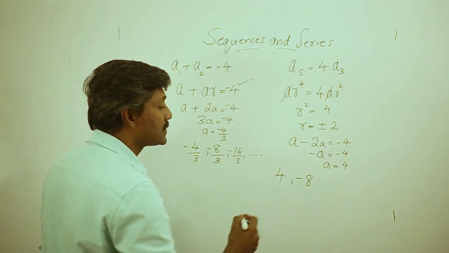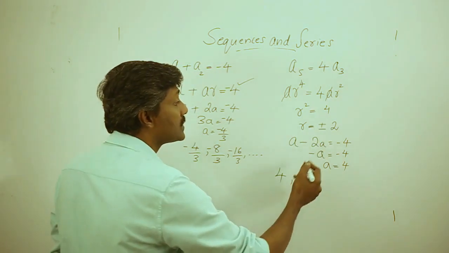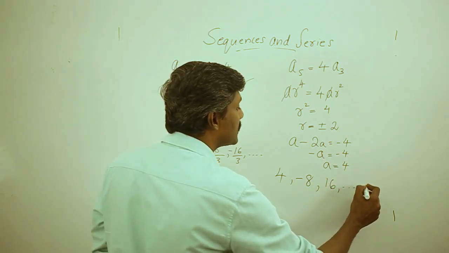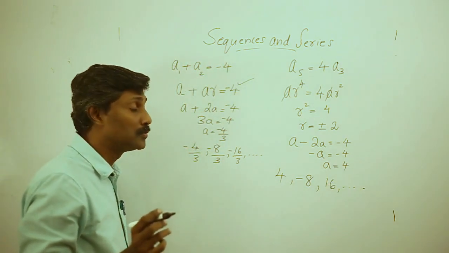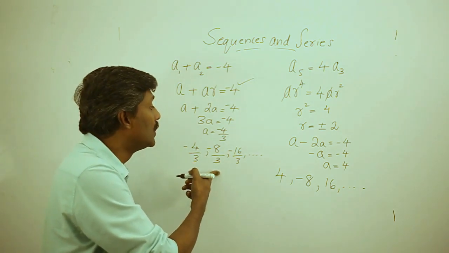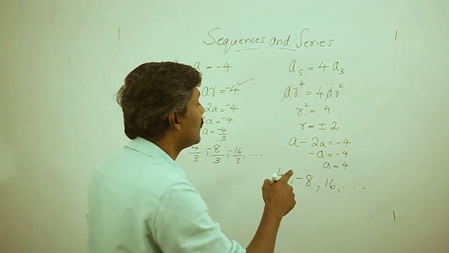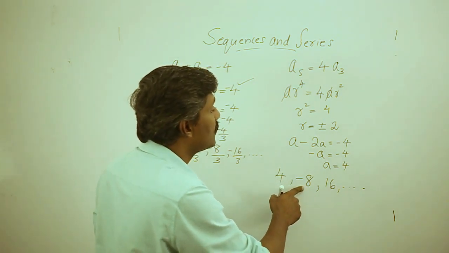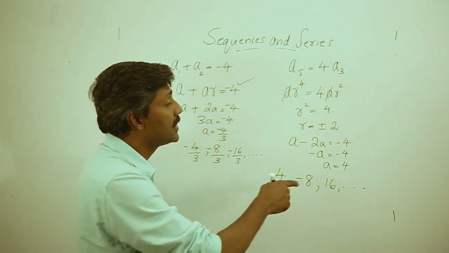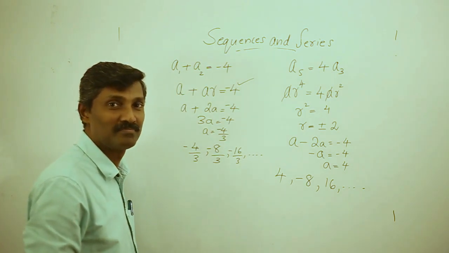And the next term is minus 8 into minus 2, which is 16, and it goes like this. So we get two sequences, 2 GPs. This is the first one for r equal to 2, a is 4 by 3, and this is the second one, 4, minus 8, 16, where a is 4 and r is minus 2.